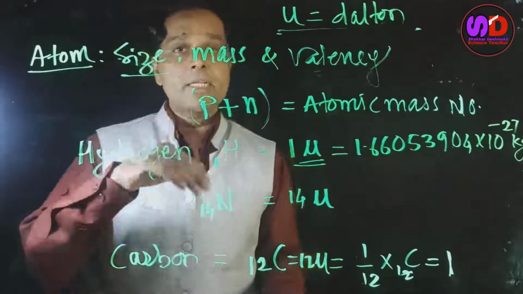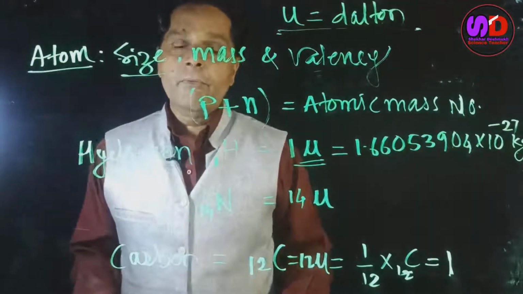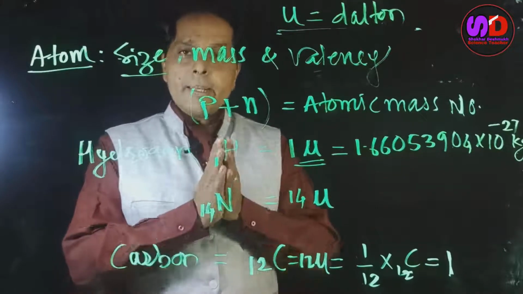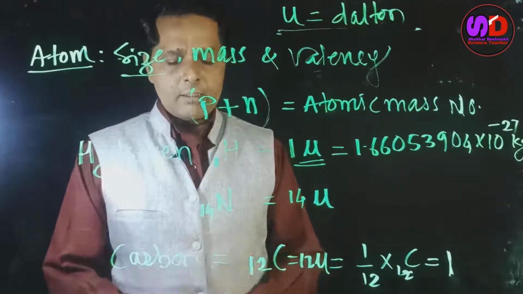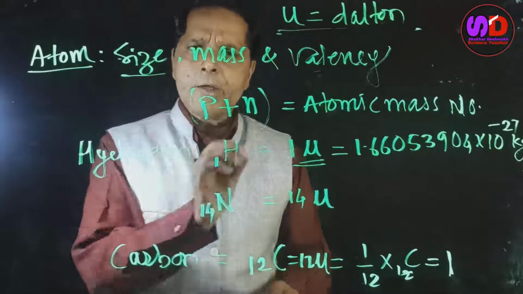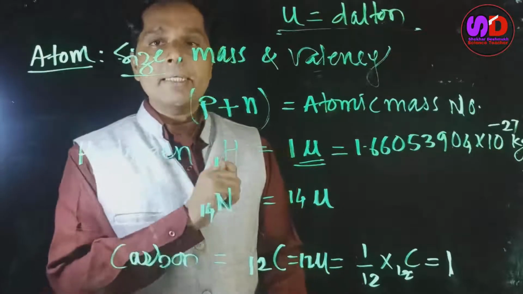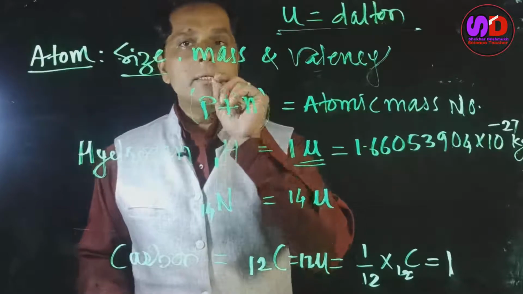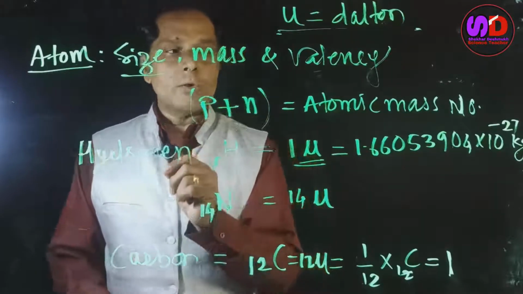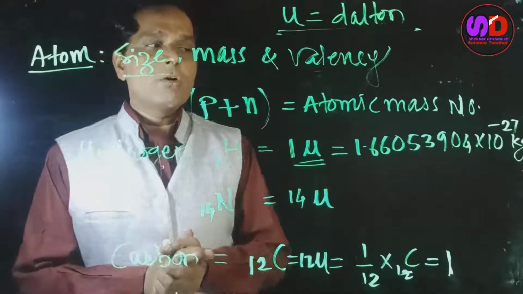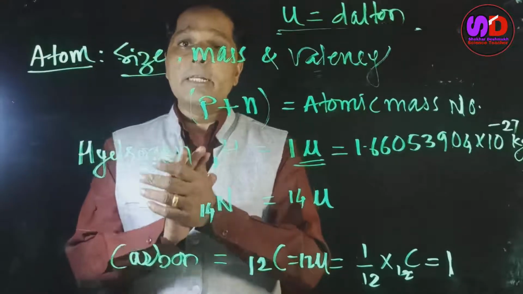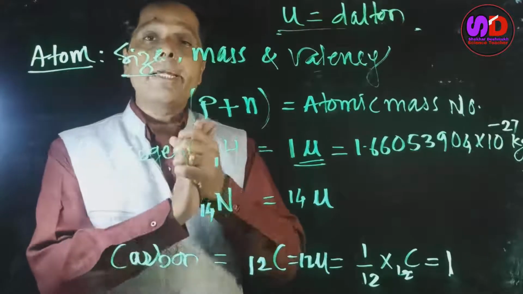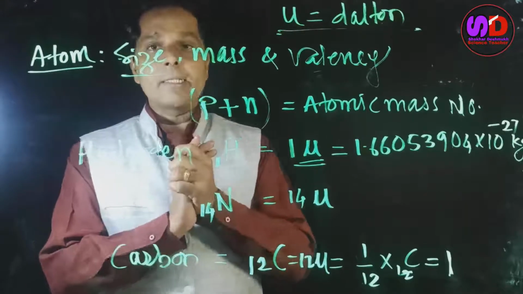It is of the range of 10 raised to minus 27, and today we can exactly calculate. We have highly accurate methods to calculate the mass, and we calculate it in the unit Dalton. Its value is 1.660 53904 into 10 raised to minus 27 kg. 1 Dalton is.